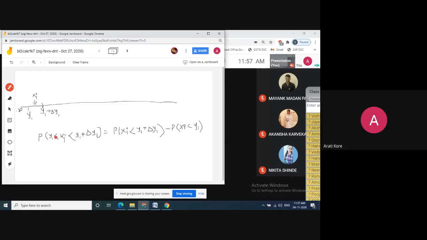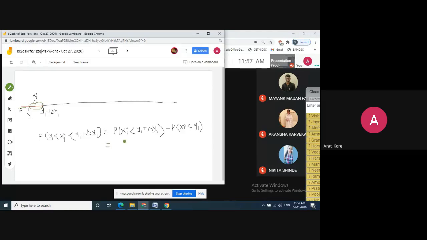I want the probability of this. This I am writing as xi less than y1 plus delta y1, meaning the area up to here, minus xi less than y1, meaning the area up to here. Right? So if I take the difference between these two, what will I get? I will get this area, right? Which is required. And now what is this?